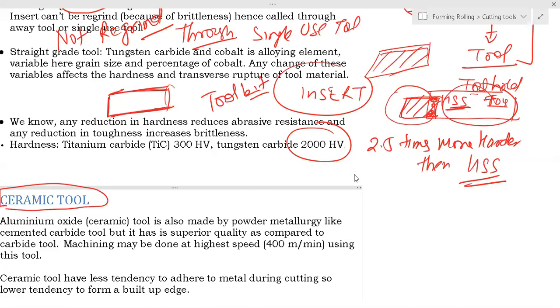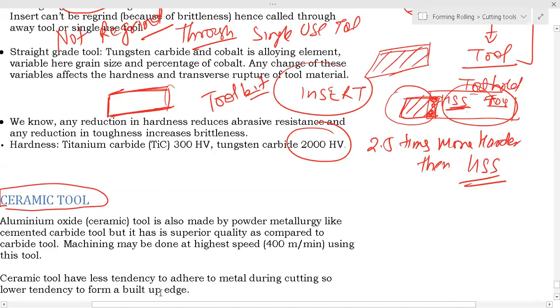Am I audible to all? Did everybody understand the concept of the carbide tool? Is everybody clear about the carbide tool?